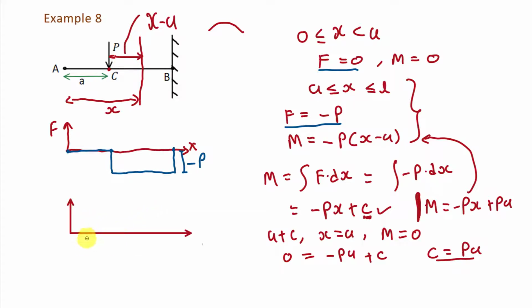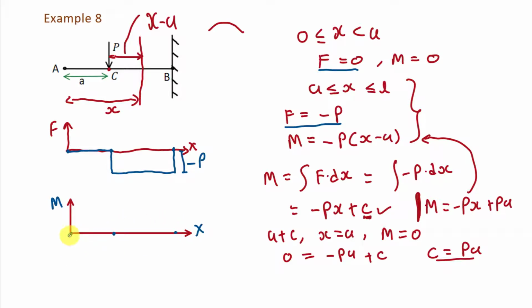Now here we want to draw the bending moment diagram for this example. Here we will take this direction as the x direction, and in this direction we will take bending moment M. Here there will also be two intervals. One interval will be from this point to this point, and the second interval will be from this point to this point.